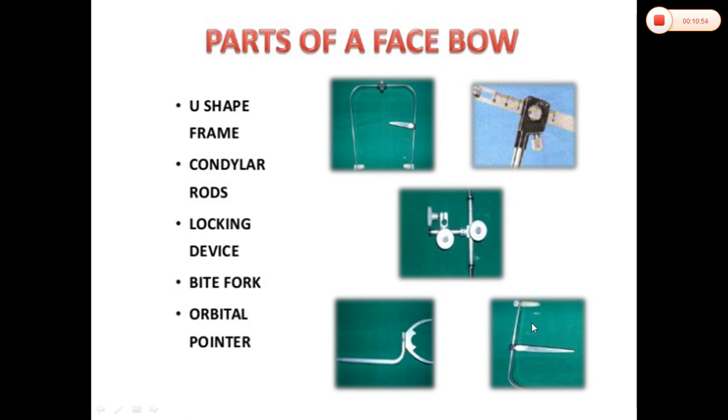And you can see the other picture over here with a pointer. This is known as an orbital pointer. So these two condylar rods are placed into the external auditory meatus, which forms a posterior reference point, and the orbital pointer is placed at the infraorbital notch, which acts as an anterior reference point.